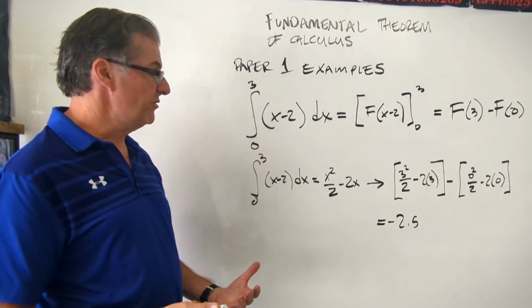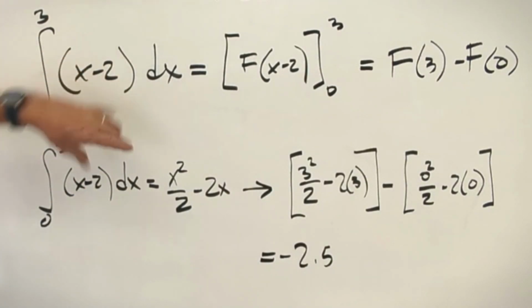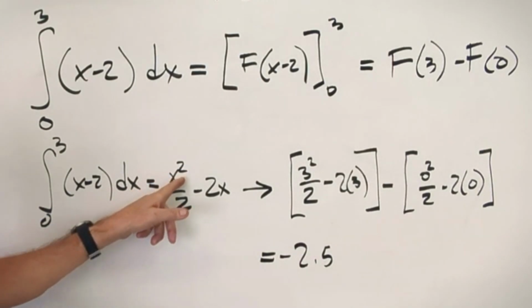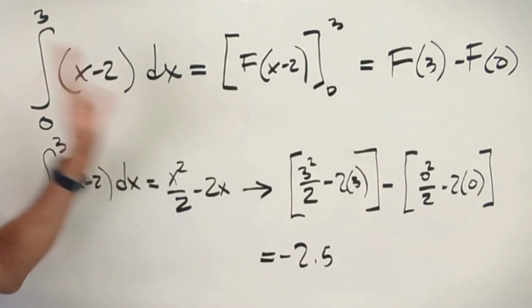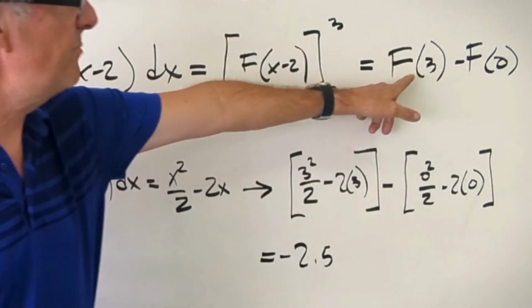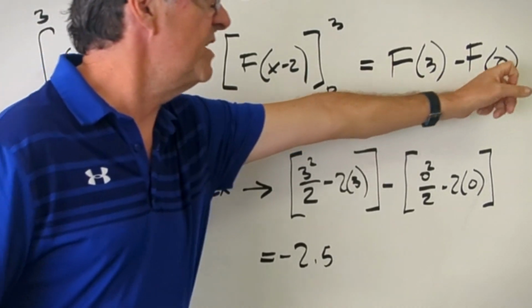Okay, let me walk you through this. So I found this integral here. I just integrated x minus 2 dx, and that ends up giving us x squared over 2 minus 2x. Notice I don't put my constant on there because I'm doing definite integration now. So now I'm doing this part here. I need to do big F of 3 minus big F of 0.